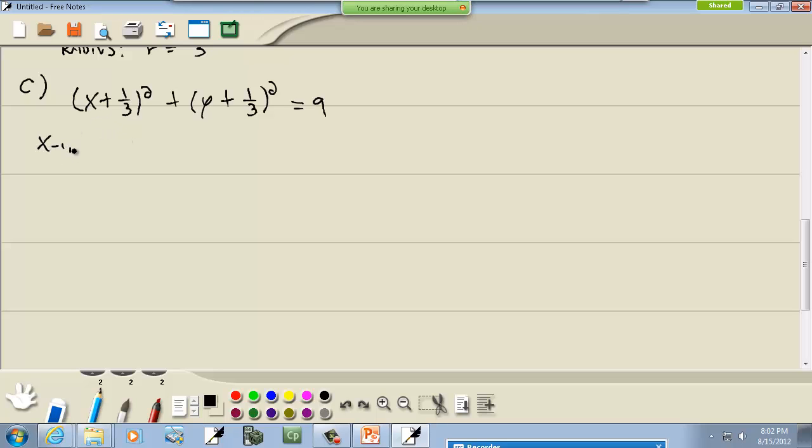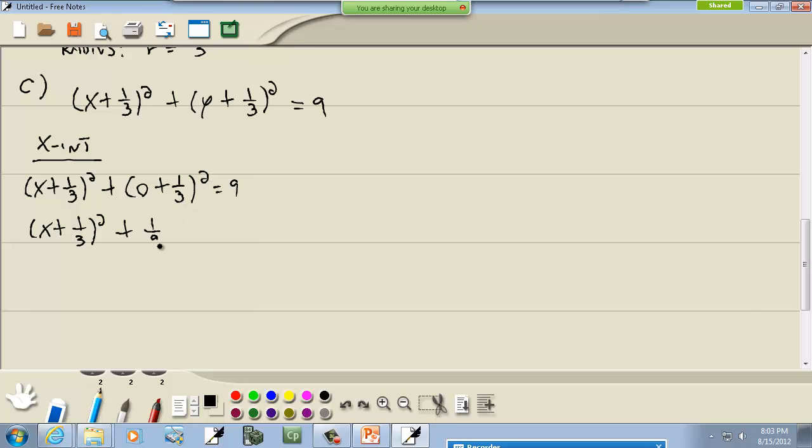Okay, so our x-intercept. We're going to plug 0 into the other variable. So I got (x + 1/3) squared plus (0 + 1/3) squared equals 9. So we got (x + 1/3) squared plus, 0 plus 1/3 is 1/3, and 1/3 squared is 1/9, equals 9.